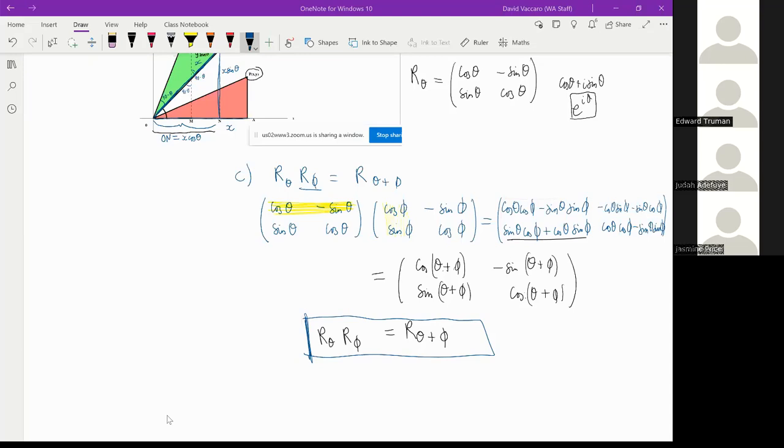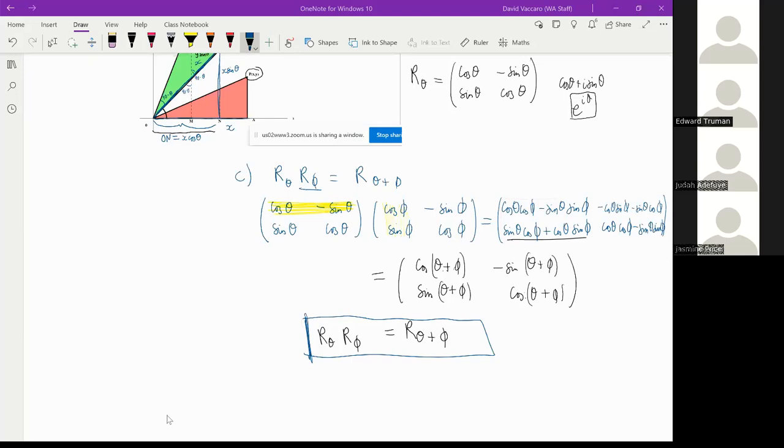Why did it have to turn out to be the case that r theta times r phi is r theta plus phi? Why is that, in inverted commas, obvious? Excellent. Okay, because what we've done is we've done two rotations. We've done a rotation by theta and then a rotation by phi. But if you rotate by theta and then by phi, you've done a rotation by theta plus phi.